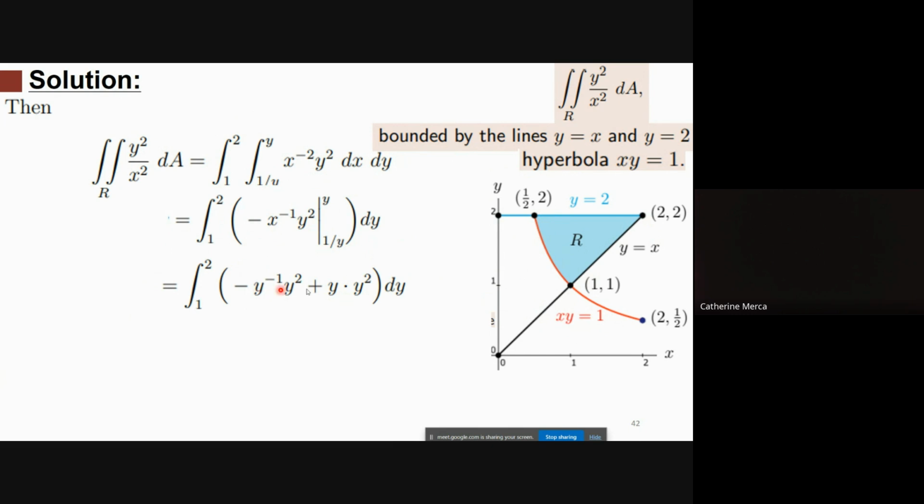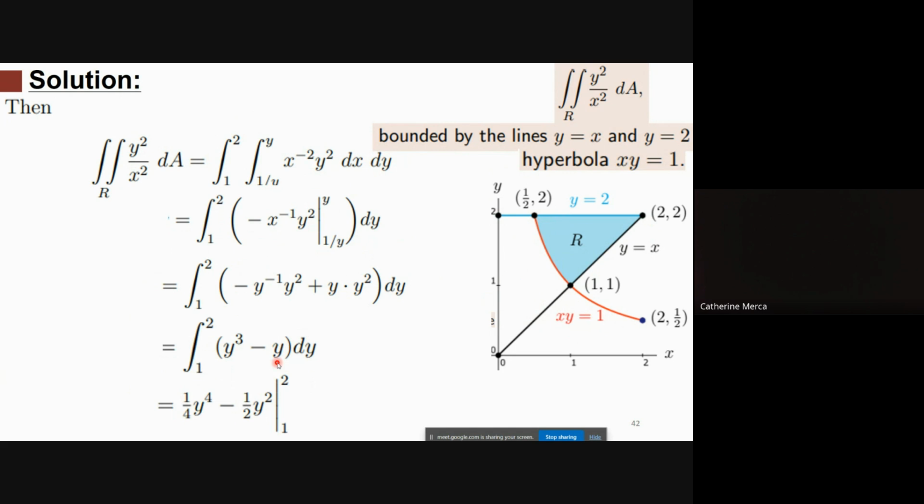Again, this can be simplified. This is simply negative y plus y cubed, dy. So the integral of negative y dy and y cubed, simplifying further, should give us y to the fourth over 4, minus y squared over 2. Evaluate from 1 to 2.